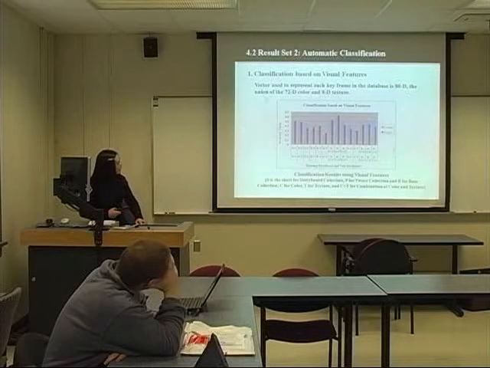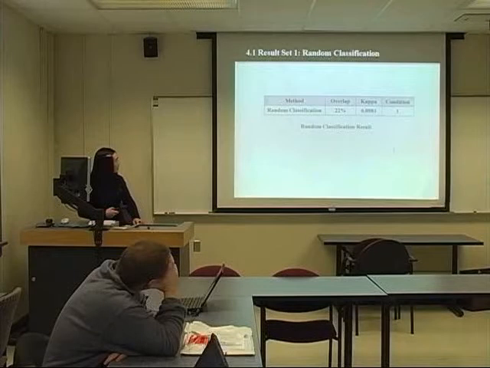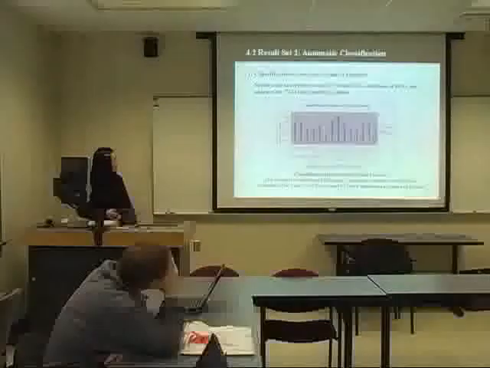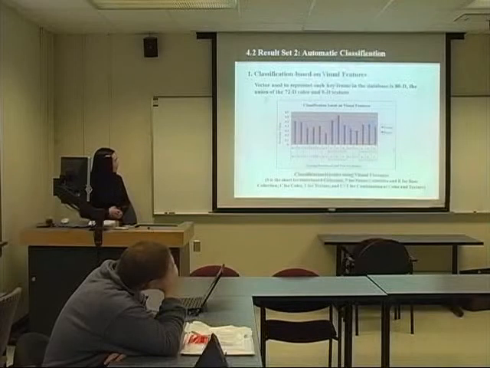First, visual feature classification can get better results than random classification. And second, using texture only will get the poorest result. Color is much better than texture, and the combination of the two can get the best result for visual features.